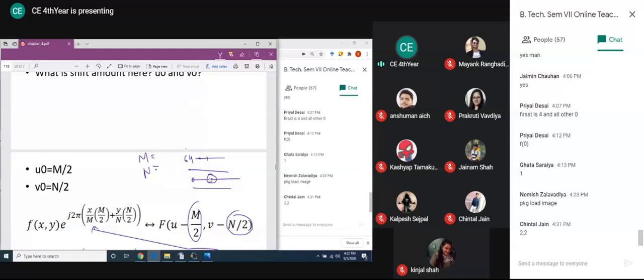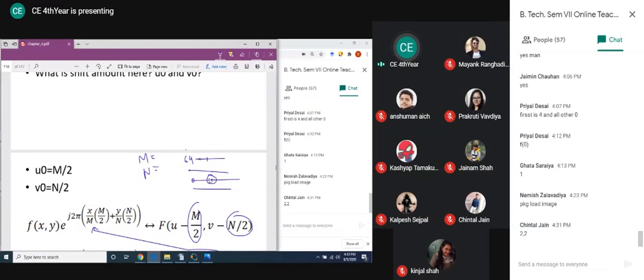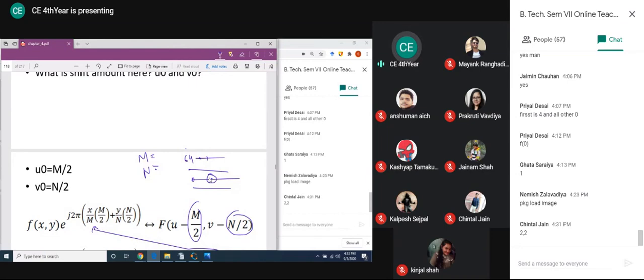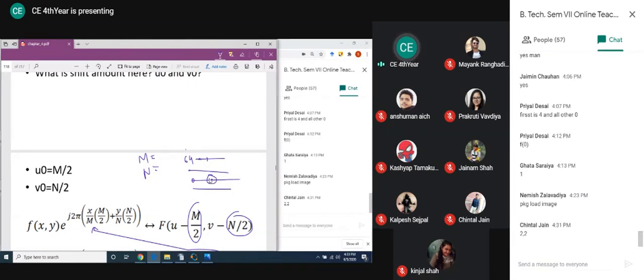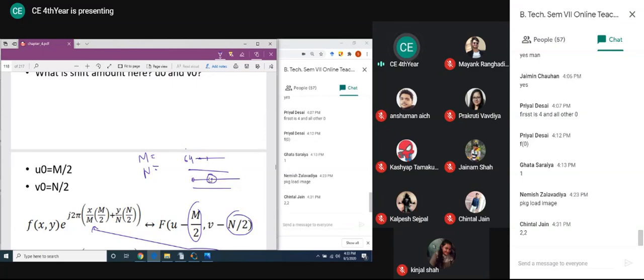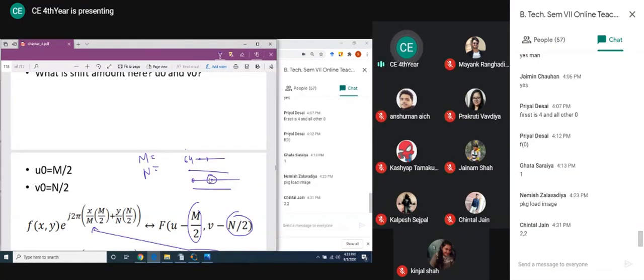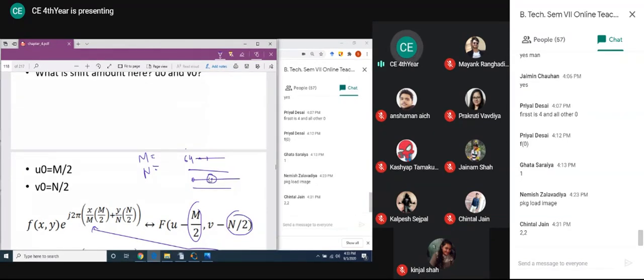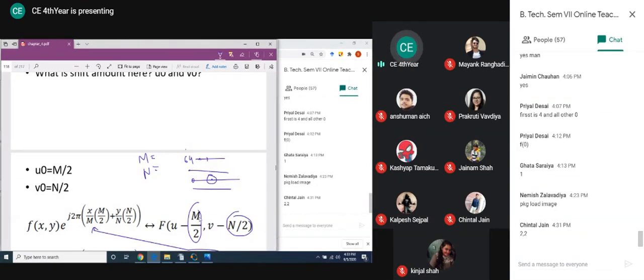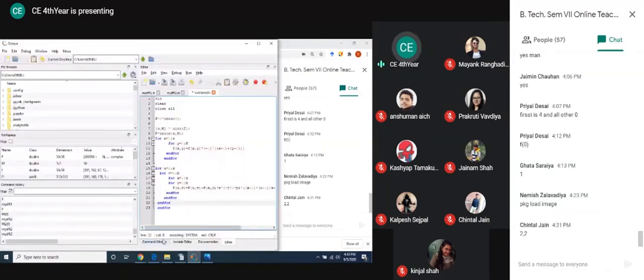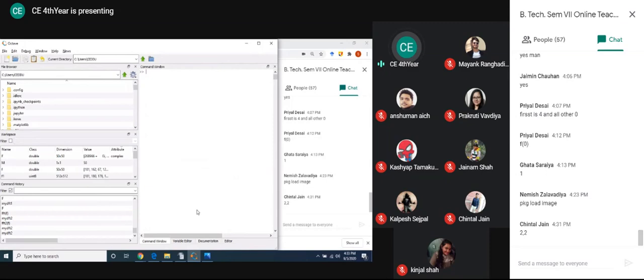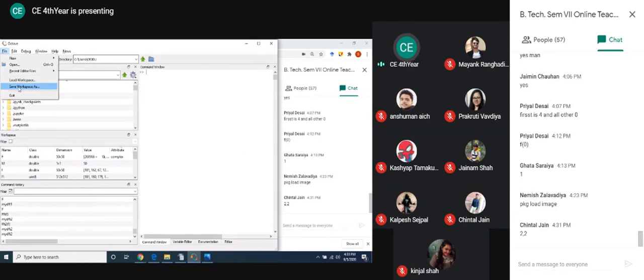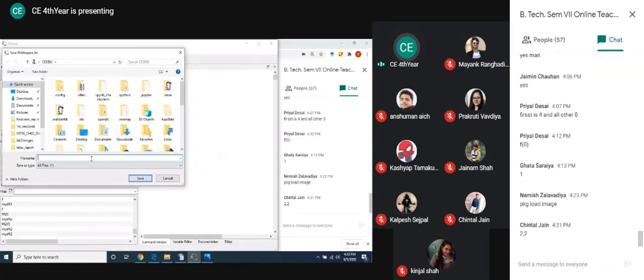See here, what is our assumption? Our m by 2 and n by 2 is always an integer only. Consider the reason, most of the time, right?